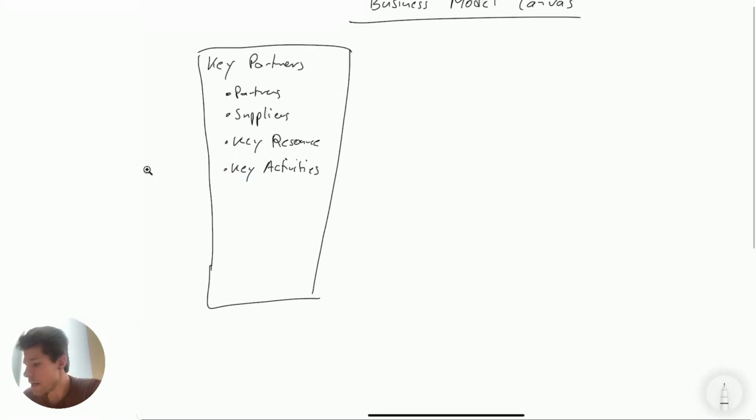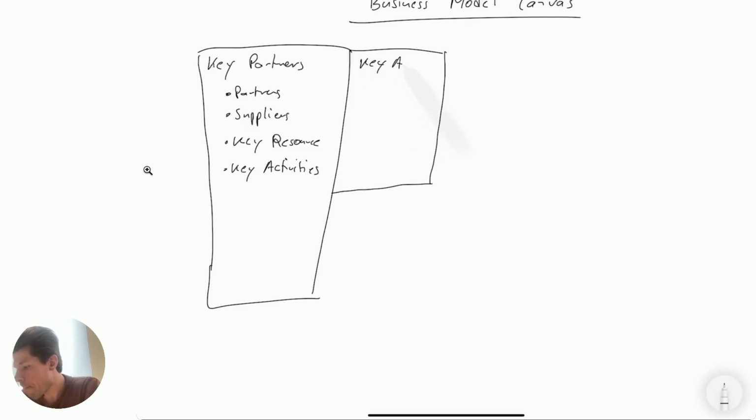Then the next one is key activities, and here I'm talking about the company's activities, not the partner's activities. What key activities do our value propositions require? Distribution channels, customer relationship, revenue streams. It's really about what are we doing? Do we produce something?